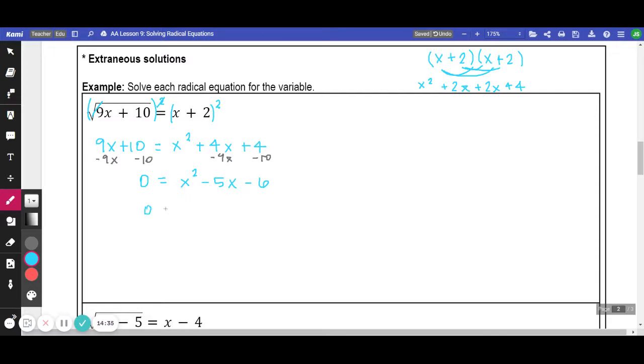So I'm going to factor, and I know that when I'm factoring and there is a coefficient of 1 in front, I look for 2 numbers that multiply to the last term. So they're going to multiply to negative 6 and add to negative 5. Those two numbers are -6 and a +1.